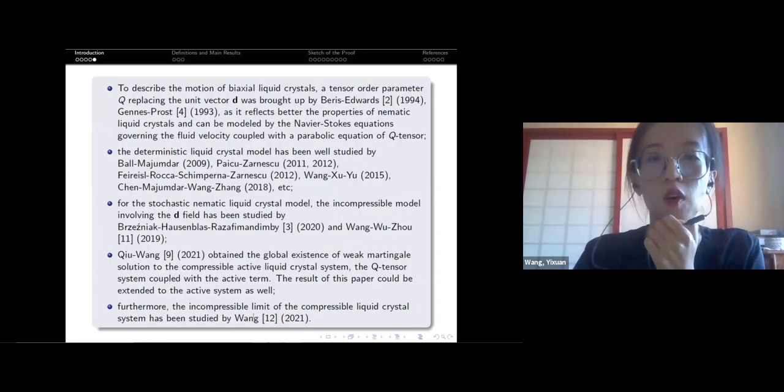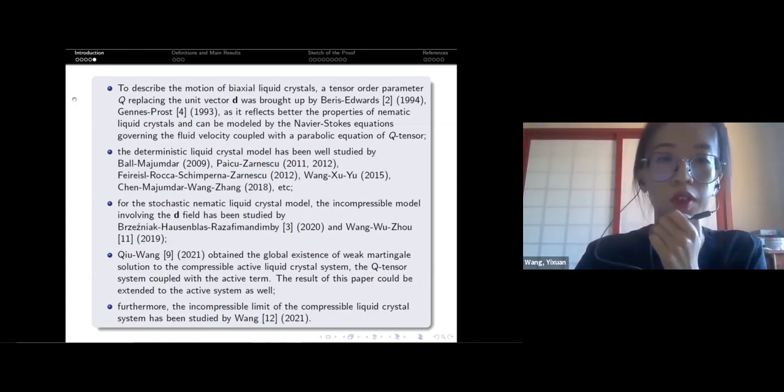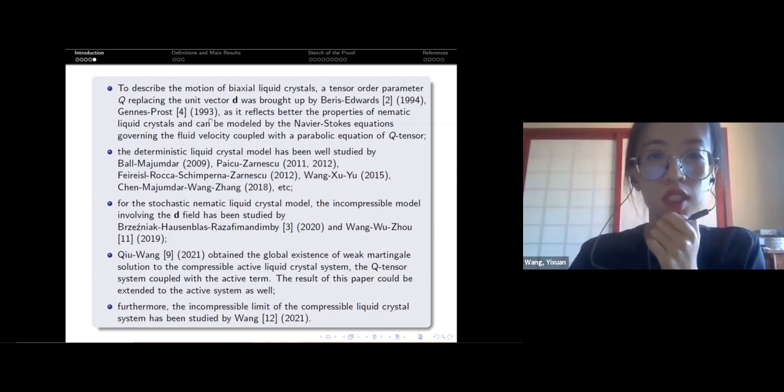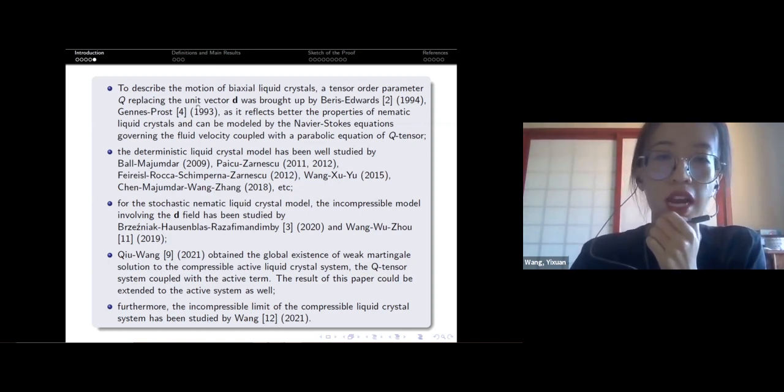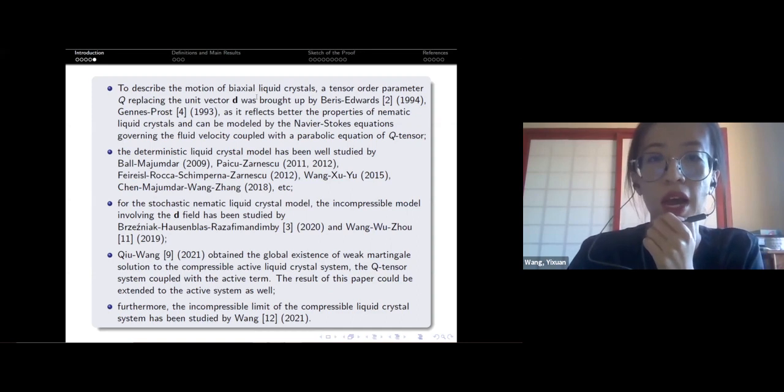Here are some of the previous results in this field. The deterministic model for the Q tensor was brought up in the Beris-Edwards paper, and before that, we used the model of the unit vector d to describe the motion of uniaxial liquid crystals.